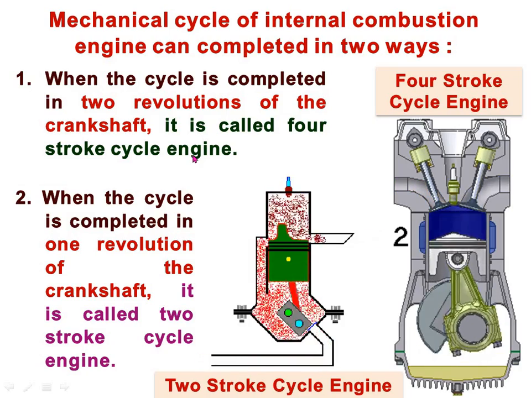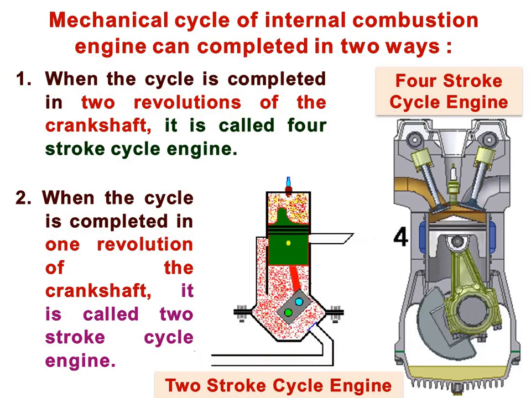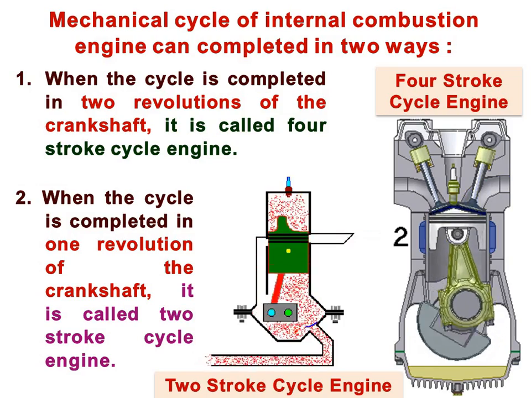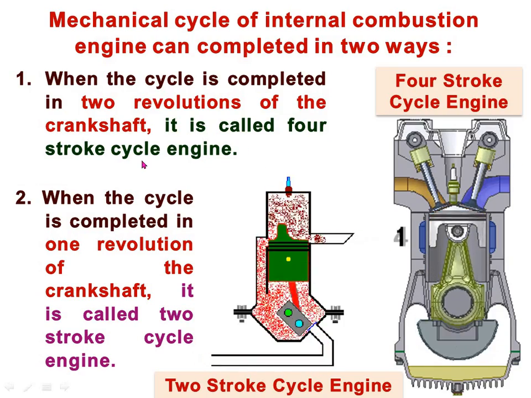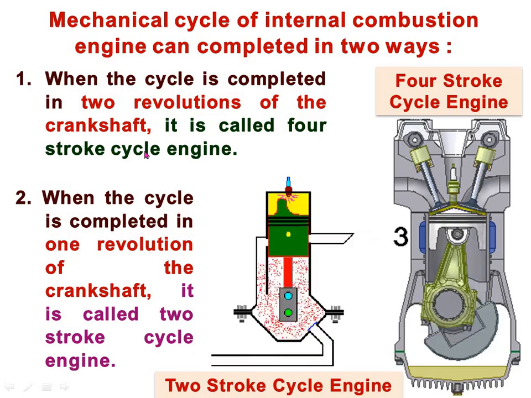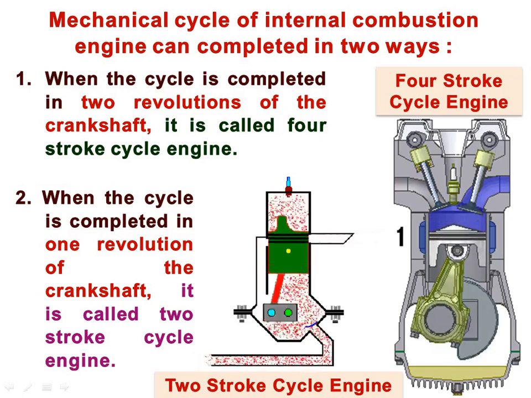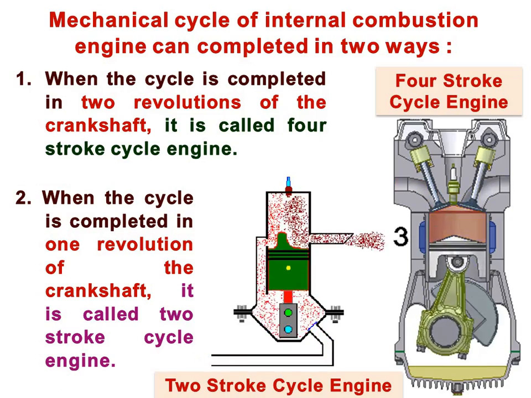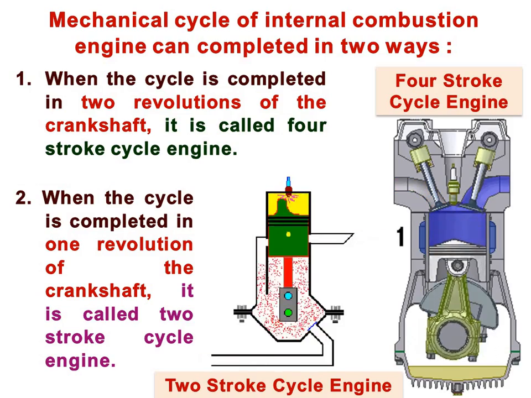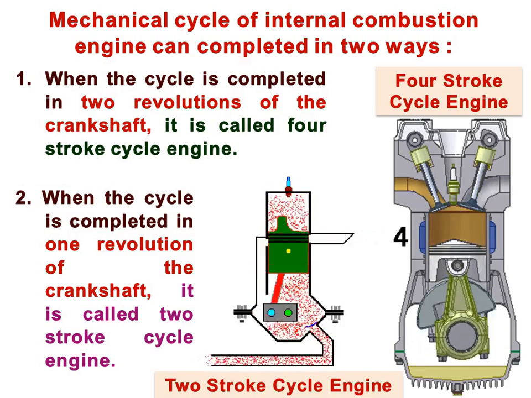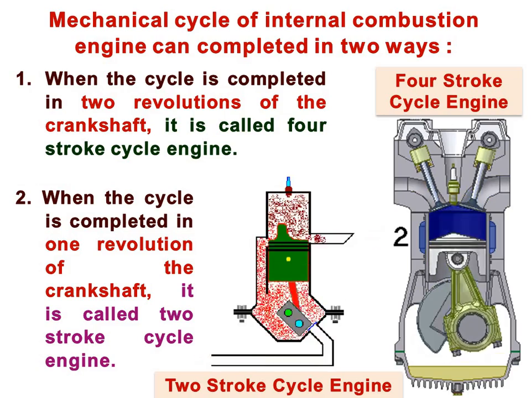Means by two revolutions of the crankshaft, we get one power stroke, and during these two revolutions we get four strokes. That's why it is called the four-stroke engine cycle.